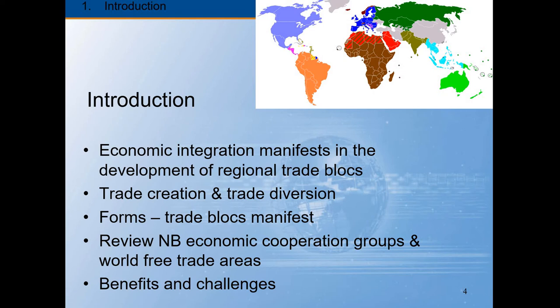So they form what is called trade blocks, which means that goods can be transported across borders more easily with fewer restrictions, i.e. fewer taxes, levies and requirements than between countries where there are no trade blocks.